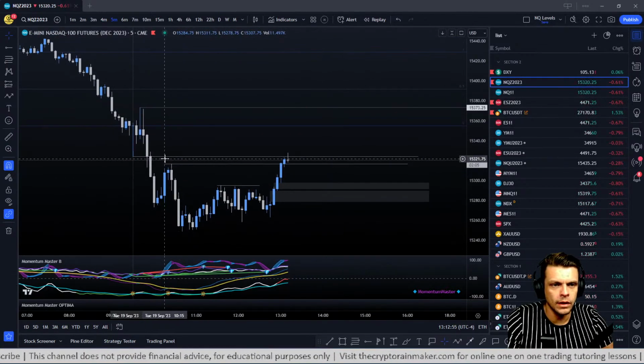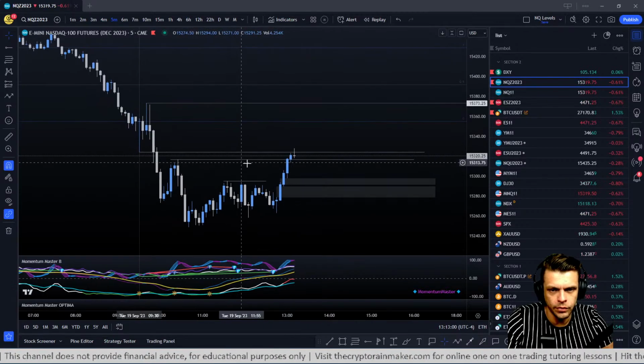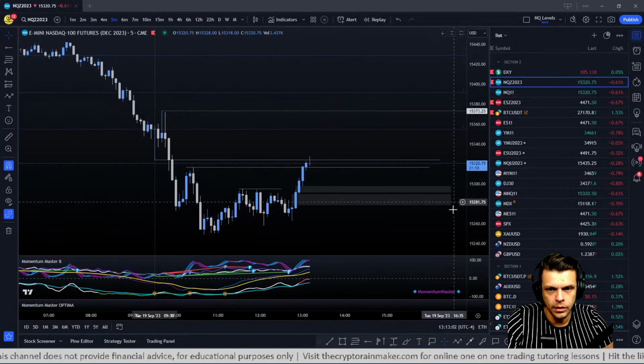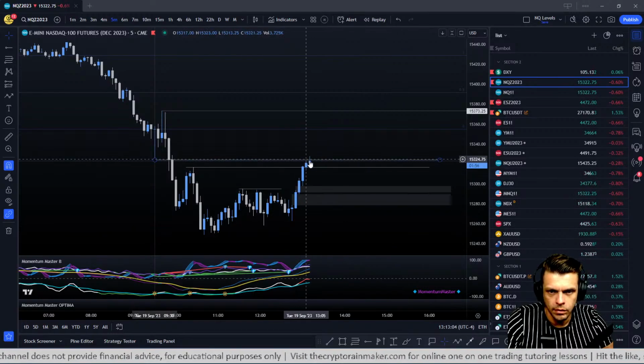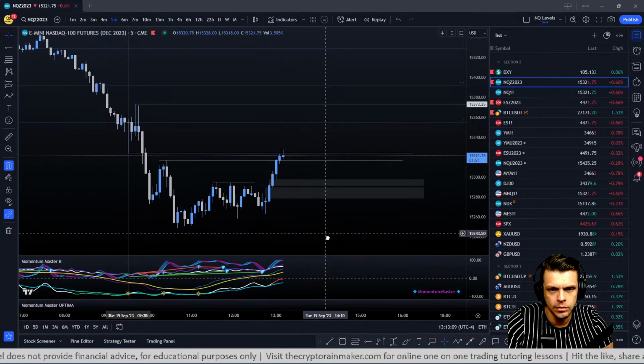All right, so it looks like it just wicked through the fair value gap. It looks like that could be the short-term high before the little retrace.